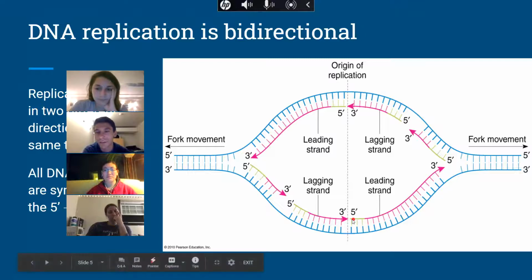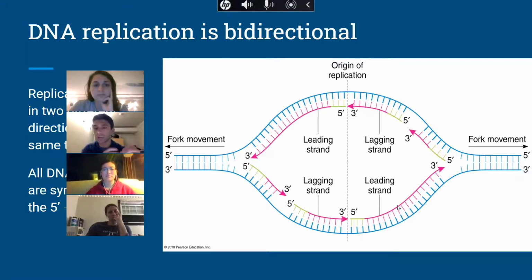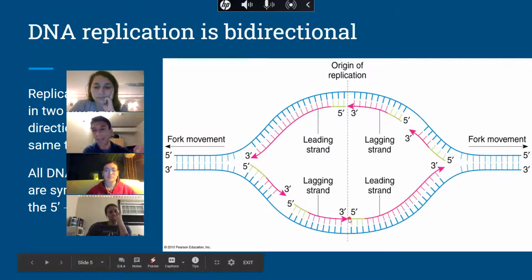So the DNA polymerase on the leading strand is just going to do its thing because it's going in the direction that allows the hydroxyl group to accept the phosphate group. If you try going in the opposite way, that reaction won't catalyze. The hydroxyl needs to accept the phosphate group.